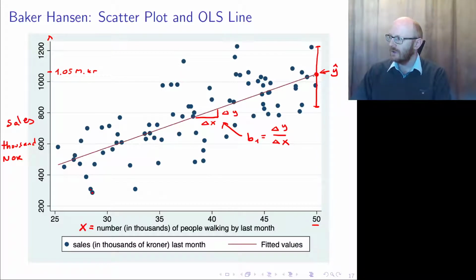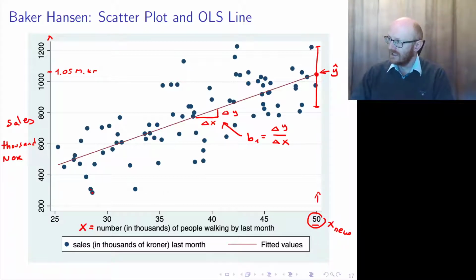Here we have the regression line, and our new x new is 50,000 pedestrians, right? So you go up here, and the regression line gives you the new estimate.